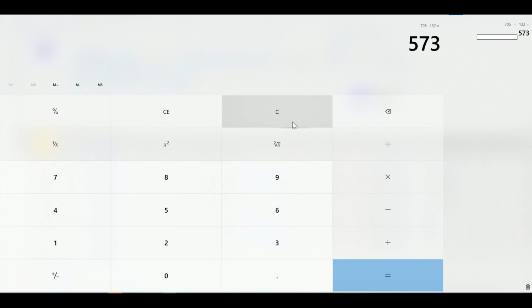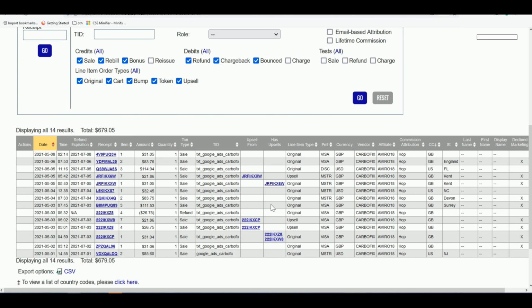So 679.05 minus 132, we pocketed 547, which is pretty good. Although I spent more than 132 trying to find the product. Initially I wasn't promoting this.